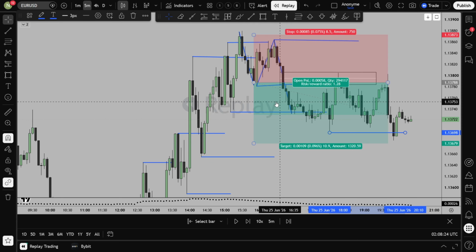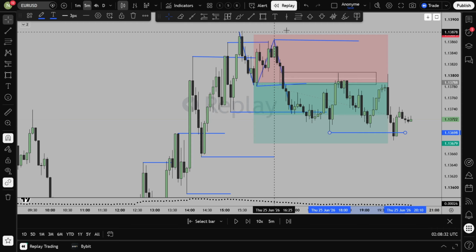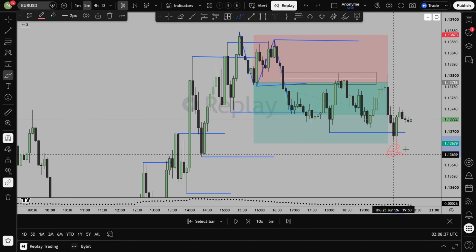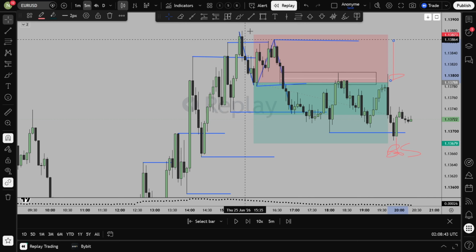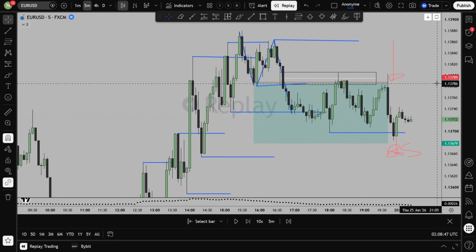That's why I told you to not enter on breakouts, but enter on an area of interest when price pulls back. So when you have a break of structure, for example, in this case, you move your stop loss to break even. Do you get it? You move your stop loss to break even, and now you can't lose anymore. That's it. Great.